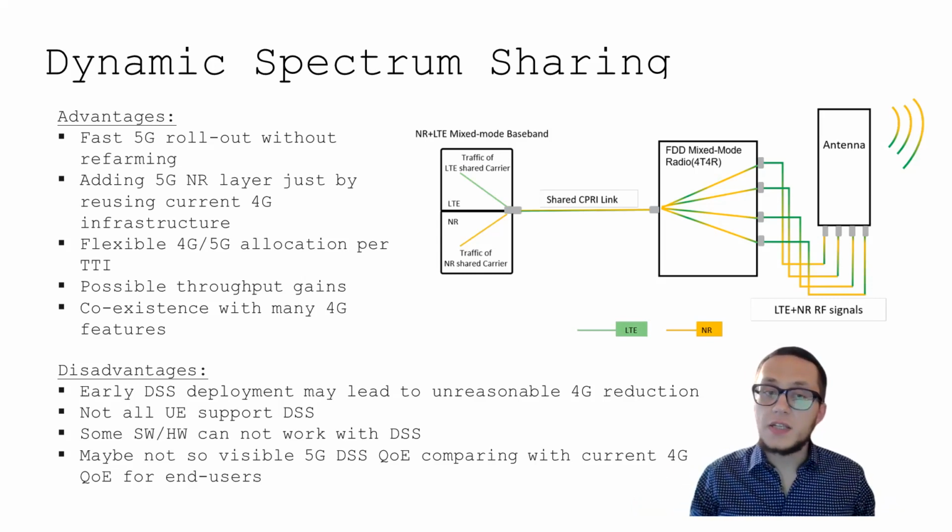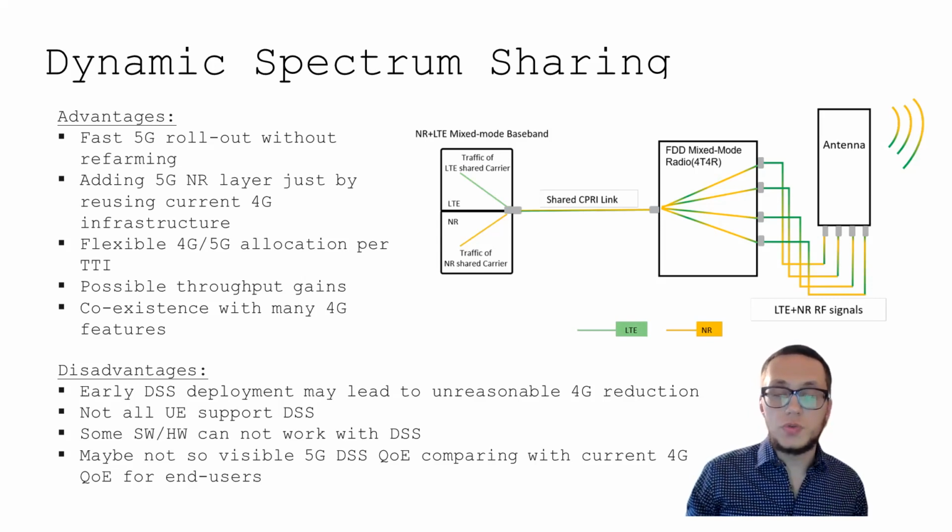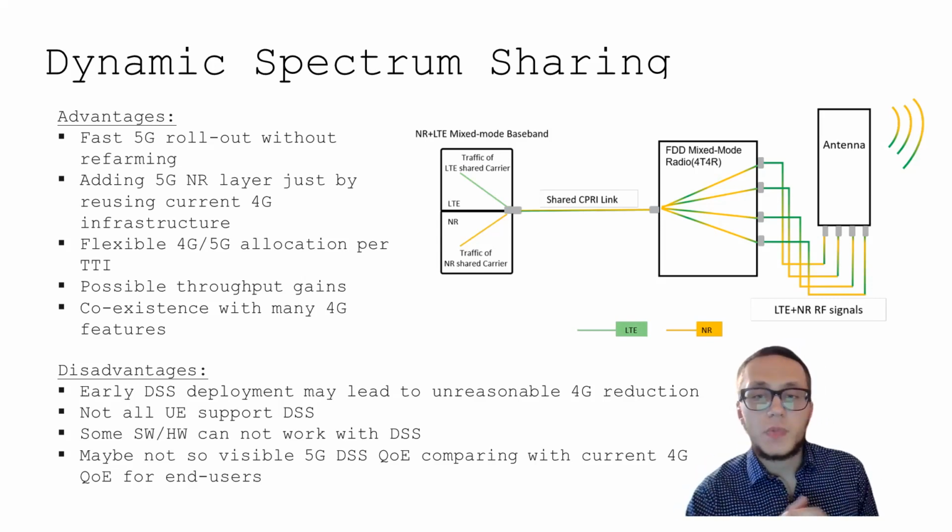One more thing is that not all user equipment support DSS solution. It is also a very important point. Some of software and hardware cannot work with DSS. It means that some features of your vendor may not have coexistence with DSS solution. And the final one is from the user equipment side, from their quality of experience, the difference between your new 5G DSS network and previous 4G network may not be so visible.